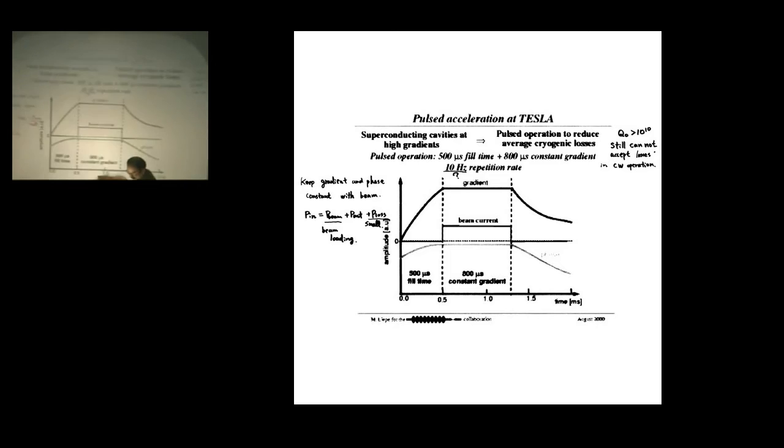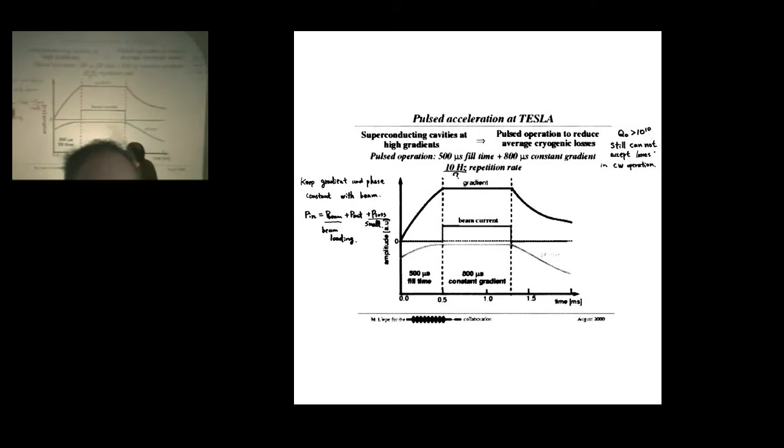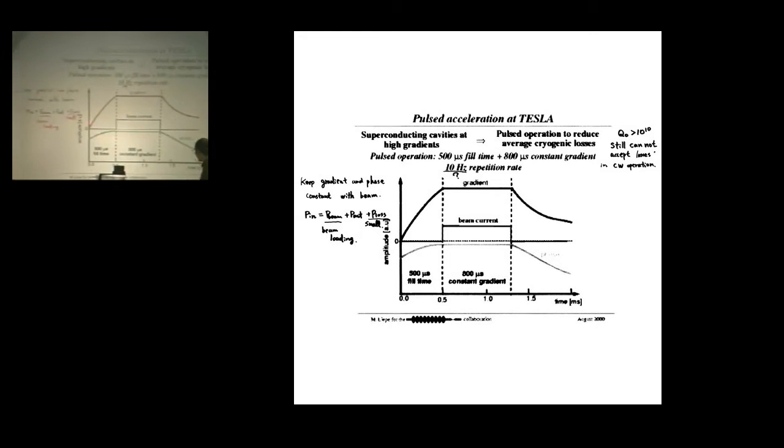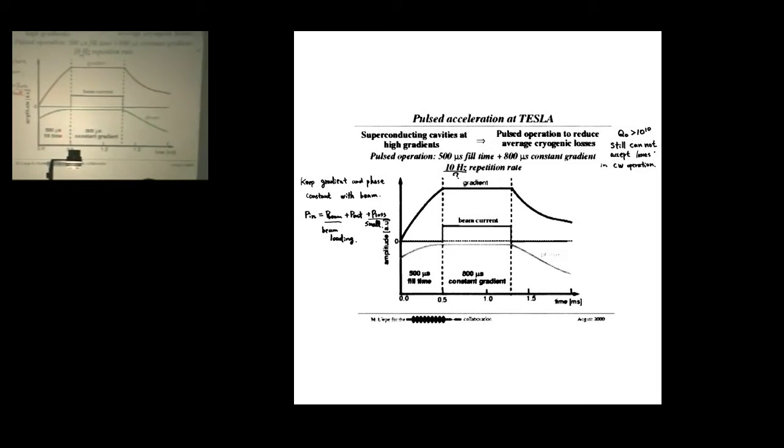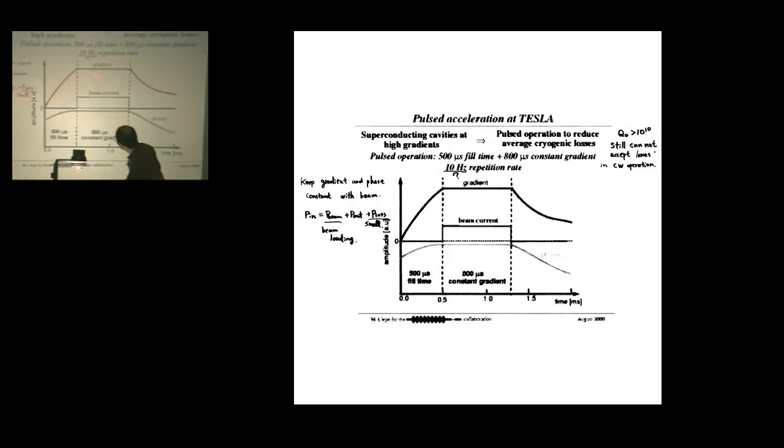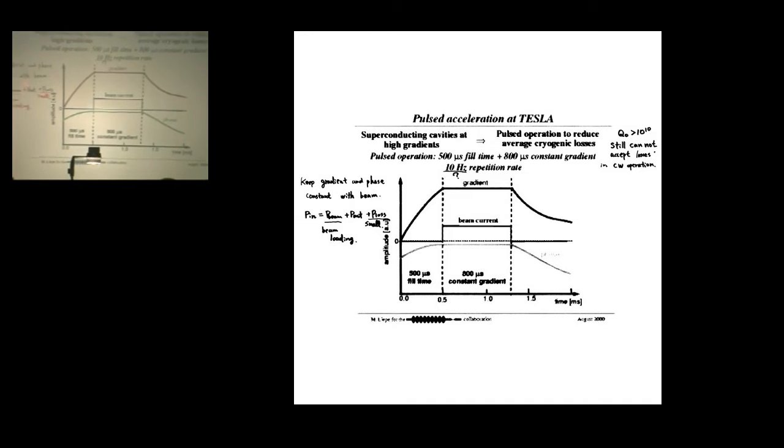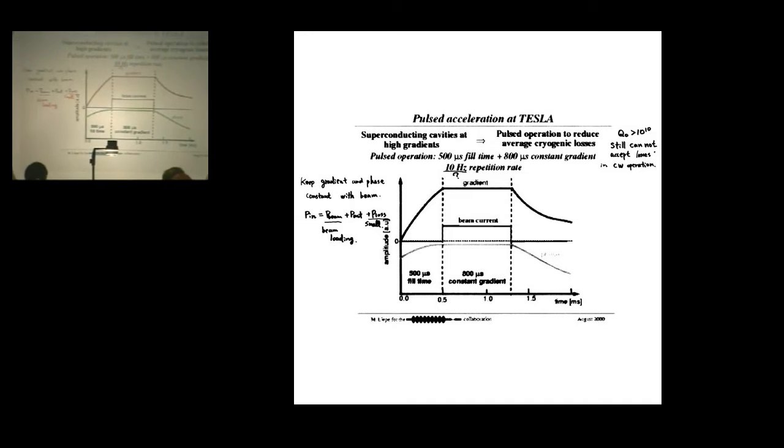So we have to do pulsed operation. It looks like this. There must be a field fill time, in this case 5 microseconds. Then the beam passing period, which is 800 microseconds. Then in this beam passage, you have to keep the gradient and phase constant, or you may say that you have to compensate the beam loading.